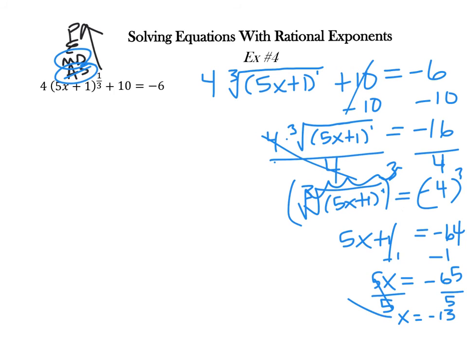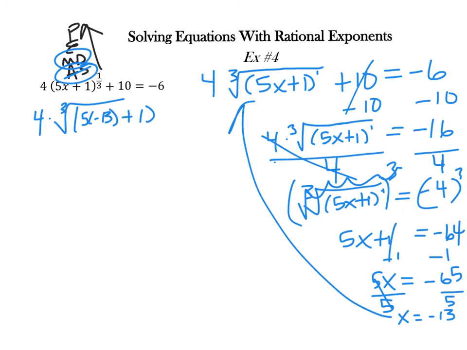Of course, we're going to plug this back into the original problem and check that it works, and then we can call it a solution, or if it doesn't, an extraneous solution. We have 4 times the cube root of 5 times x, or 5 times negative 13, plus 1 to the 1 power, plus 10 should equal negative 6.